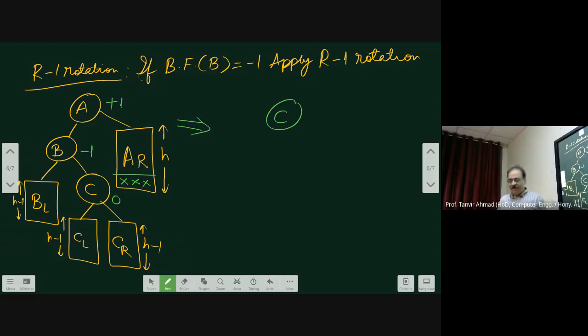Now when you perform an anti-clockwise at B, C will rise up. When you perform a clockwise at the new A, C will go up. Therefore C will come here, B will come here.